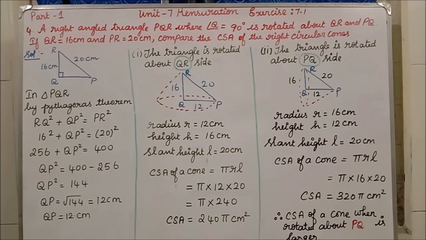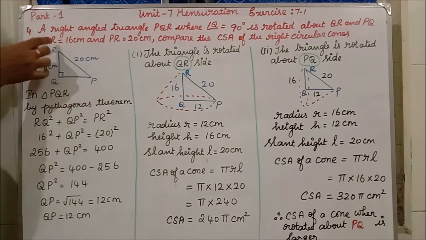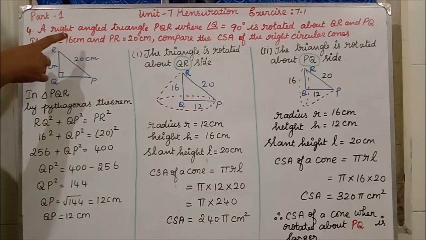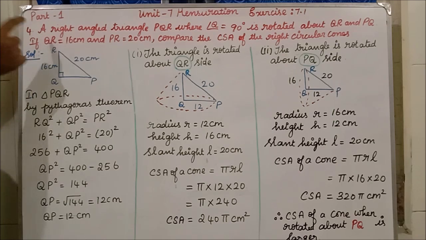If QR is equal to 16 centimeter and PR is equal to 20 centimeter, compare the curved surface area of the right circular cones. First I have drawn the right angle triangle with angle Q as 90 degree. QR side is 16 centimeter, PR side is 20 centimeter.